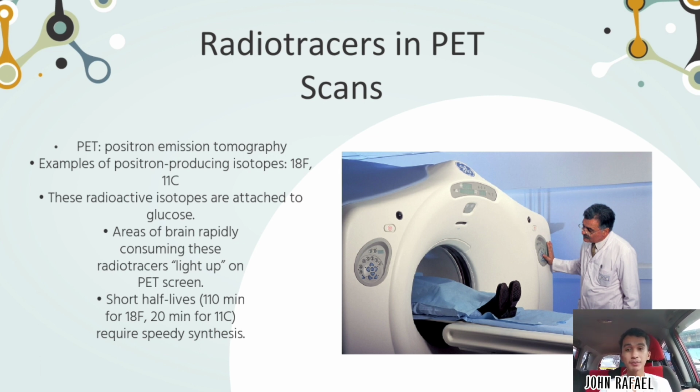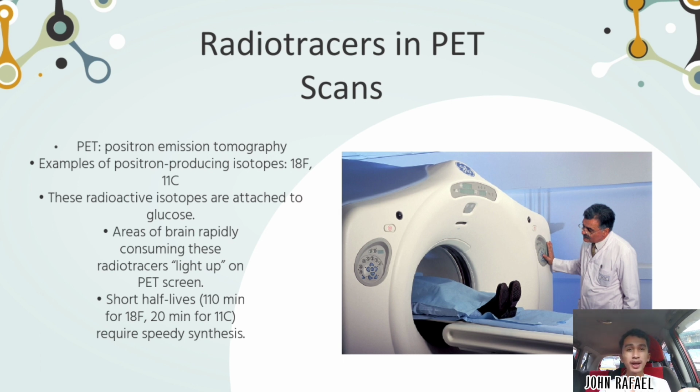It is an imaging technology in which substances containing positron-emitting isotopes are introduced into the body. An example of a positron-producing isotope is fluorine 18. So what is fluorine 18? It is a fluorine radioisotope, which is an important source of positrons.